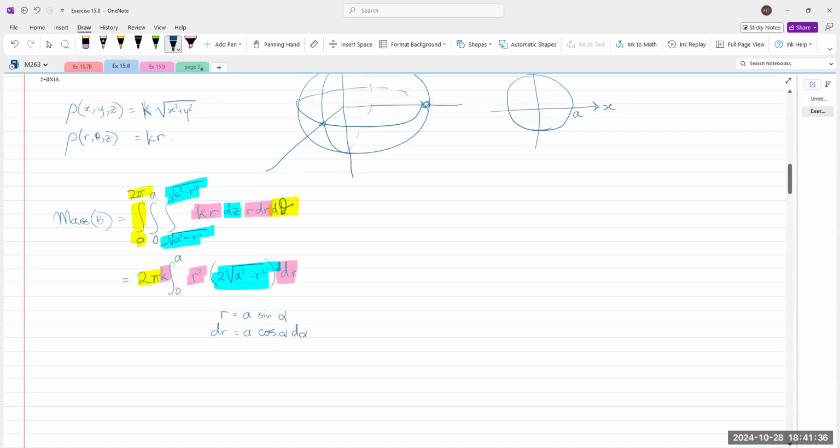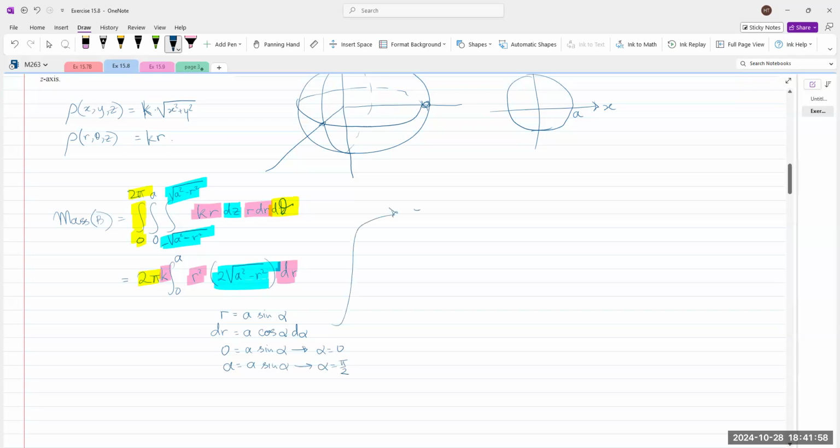When r equals 0, alpha will be 0. When r equals a, alpha will be pi over 2.